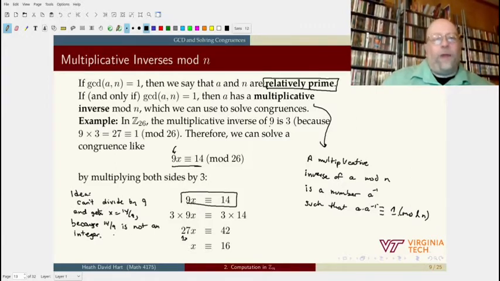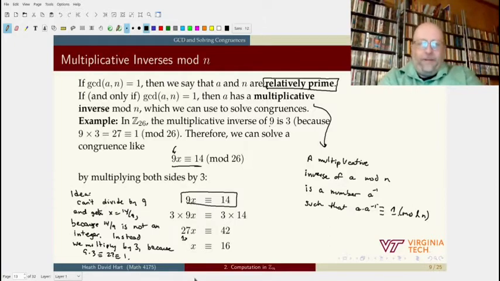Instead, we multiply by 3, because 9 times 3 gives me a number that is equivalent to 1. And that's the important thing. And so it makes the number in front of the x go away. All right?